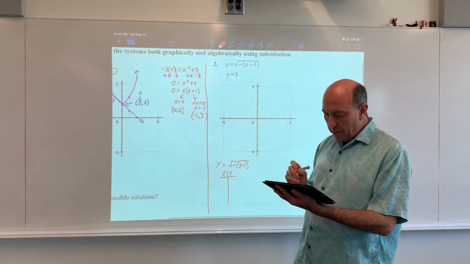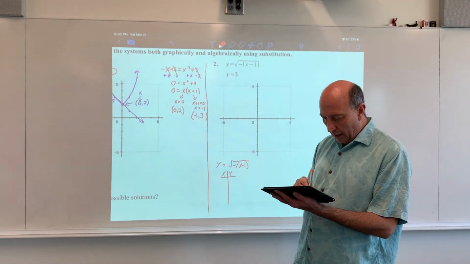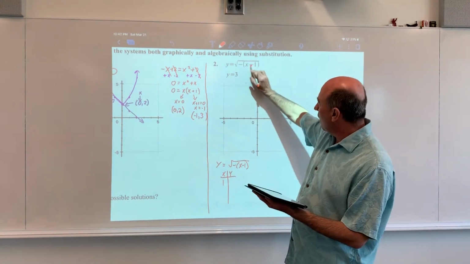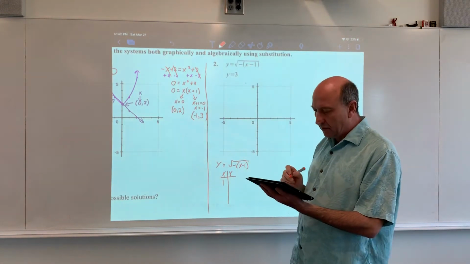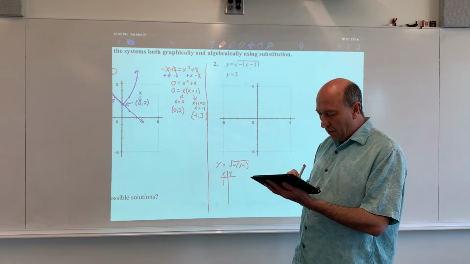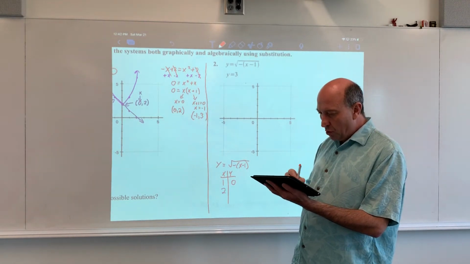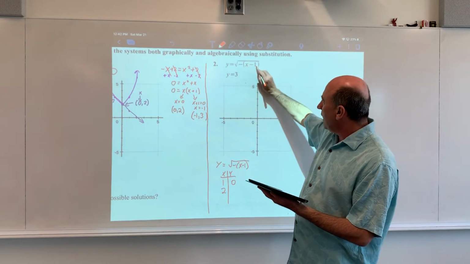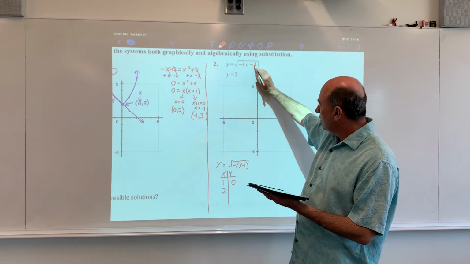Okay, so if I plug in 1, I get 1 minus 1 is 0. You make it negative. -0 is the same as +0. The square root of 0 is 0. If I plug in 2, 2 minus 1 is 1. Make it negative.